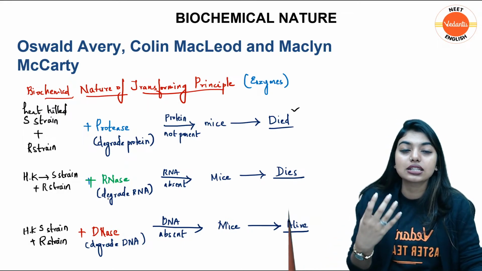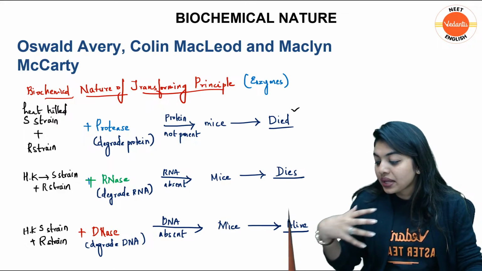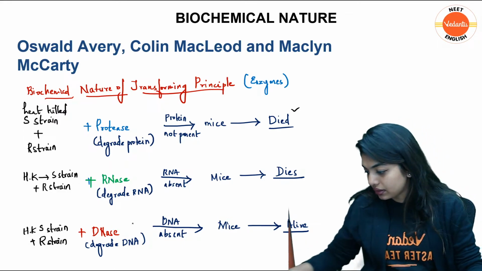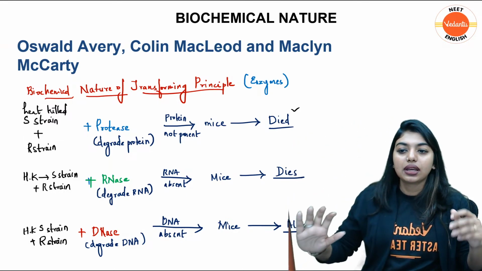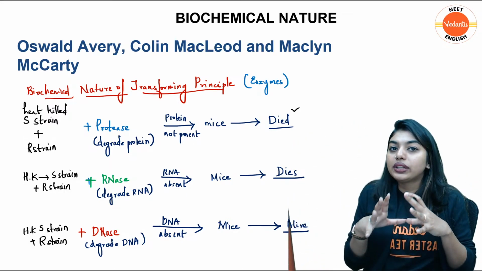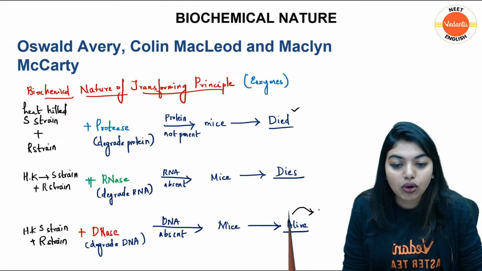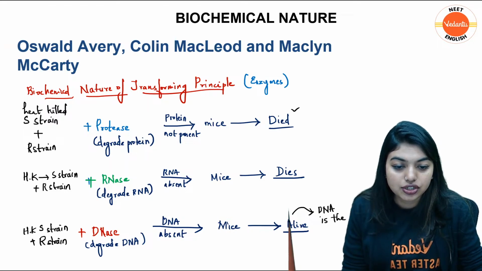Then they were like, let's do one thing, let's use DNase. When we use DNase, the DNA was absent and the mice lived. Clear? So here they understood that yes, DNA was the genetic material.